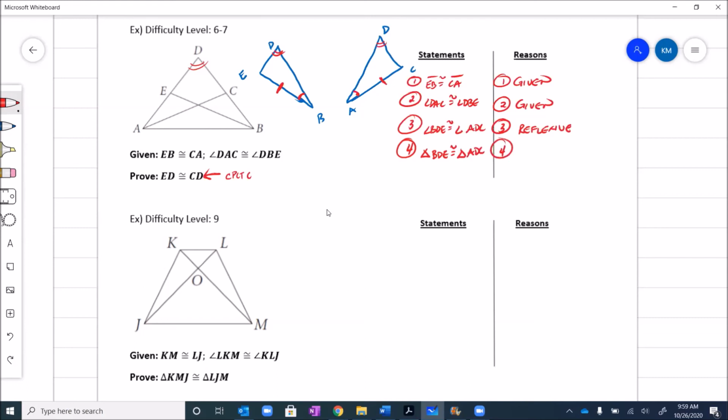And that's because I have angle, angle, side. The side is not included. So that's why I use angle, angle, side and not any other thing. And so now that I know that those two triangles are congruent, then I can say that these two corresponding parts are congruent. So now I can say that ED must be congruent to CD because corresponding parts of congruent triangles are congruent.